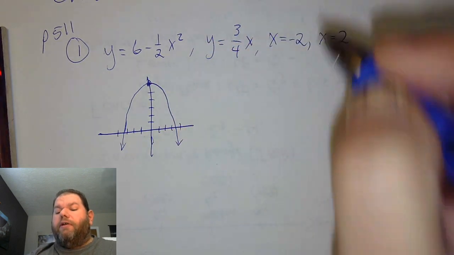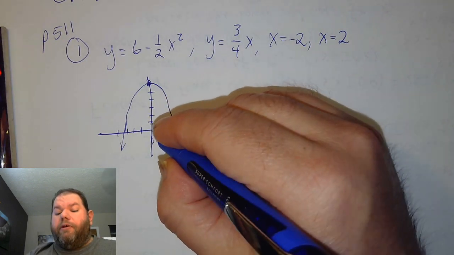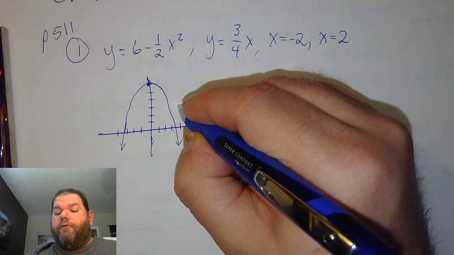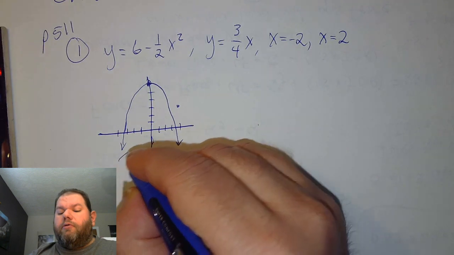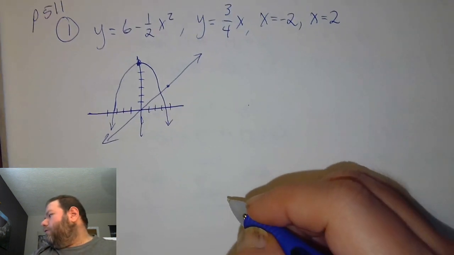So we'll draw it like that. And then y equals 3/4 x is a diagonal line that goes up 3 and over 4. Okay.